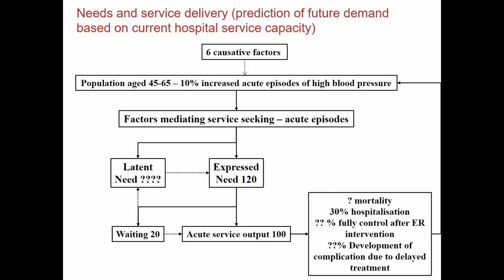So for this case, we need to do something about this. Firstly, we need to reduce the demand for the ER services. We need to reverse the increased trend in developing acute episodes among people with high blood pressure, with or without treatment.